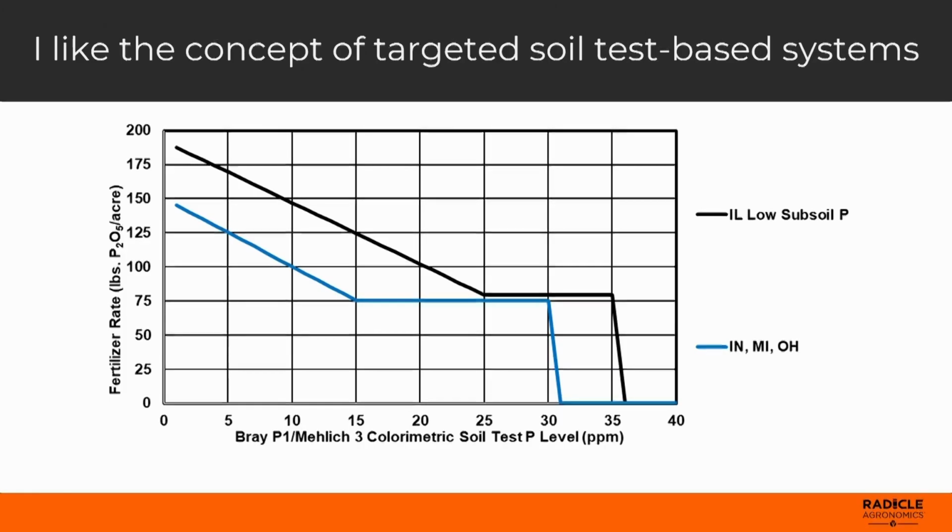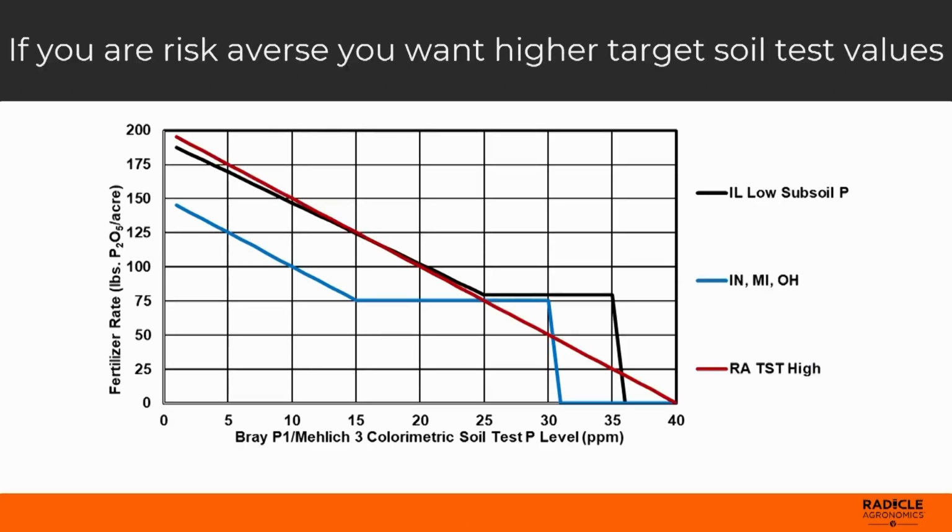So I've got the tri-state recommendations in blue and the Illinois recommendations in black, right? So the idea here is that we are encompassing critical soil test values of 15 parts per million up to 25 parts per million, right? That's where the lines flatten out, right? 25 parts per million for Illinois, 15 parts per million for the tri-state.